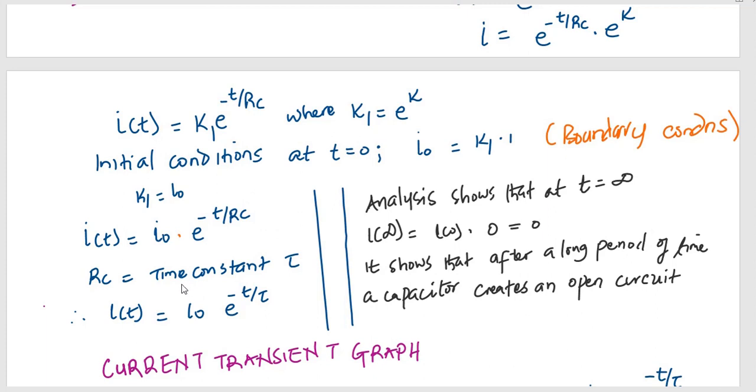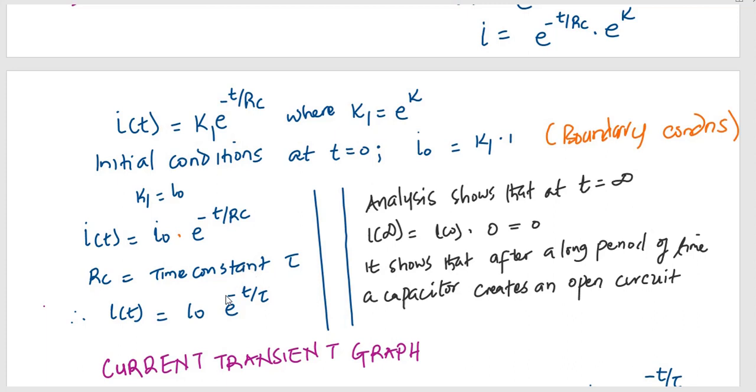So RC is equal to a time constant tau. If we call RC tau, then it is a time constant, and it is the measure of the rate at which a transient shifts to the steady state value.